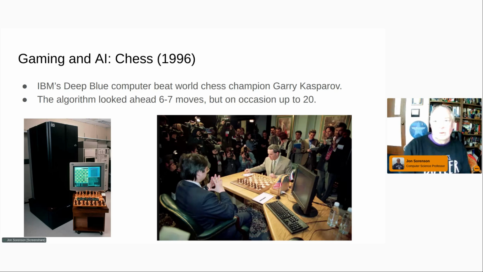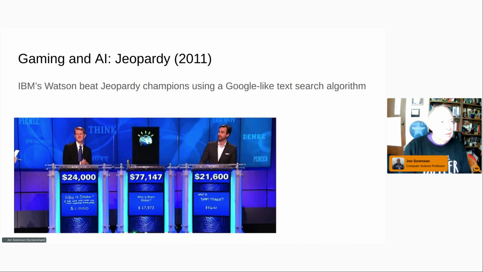Then moving ahead, in 2011, IBM came out with a program called Watson, and it's much bigger. On the screen here, I'm assuming you're familiar with the Jeopardy game show. Watson played against two very well-known Jeopardy champions, one of whom, Ken Jennings on the left here, is currently the host of the show.